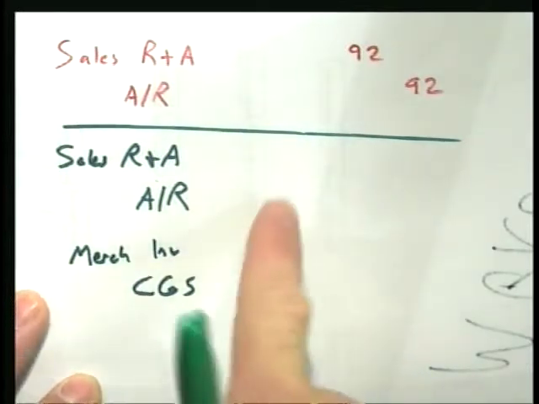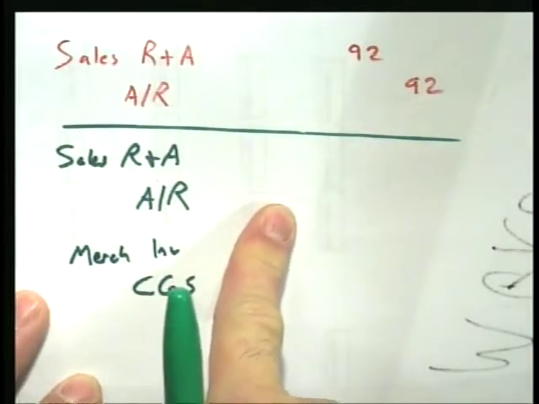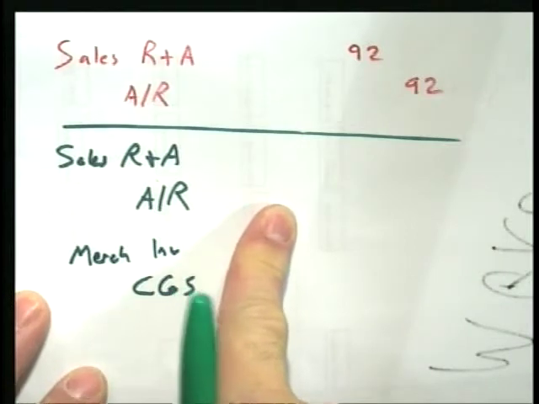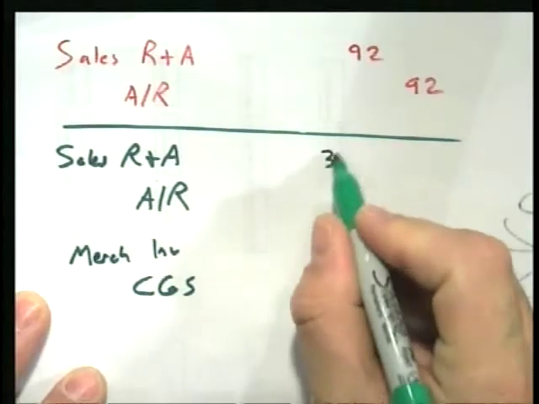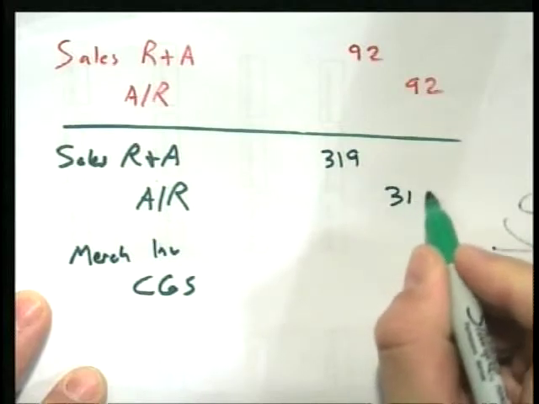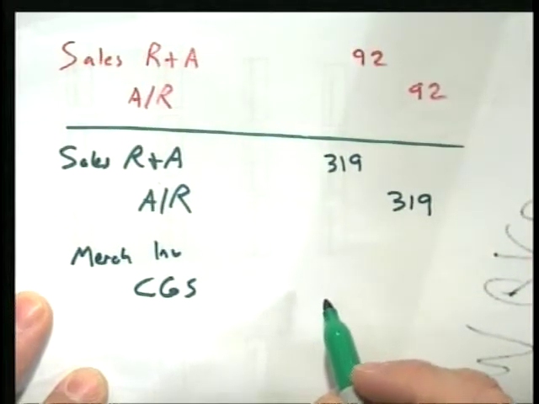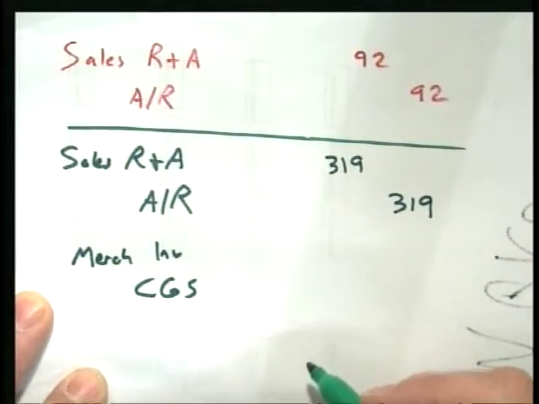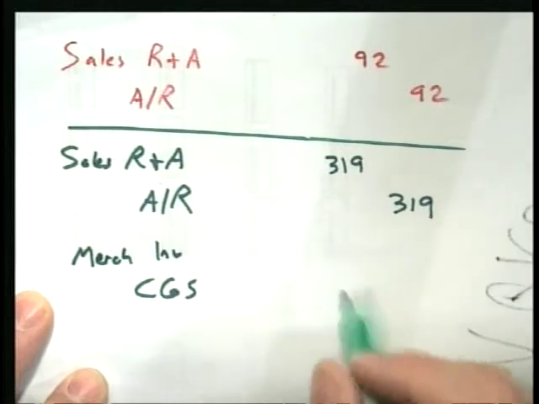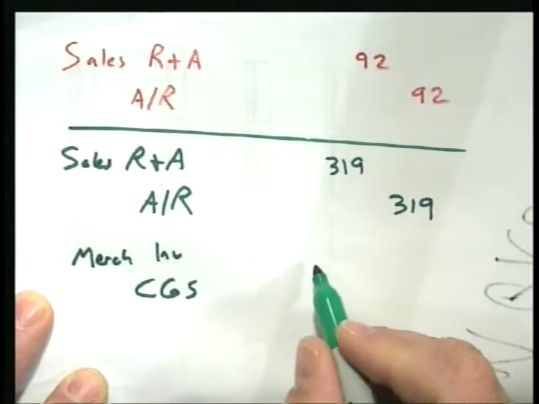So what is 11 times 29? 319, thank you. And the items that we return, 29 units times the cost of 7, what does that equal? 203.